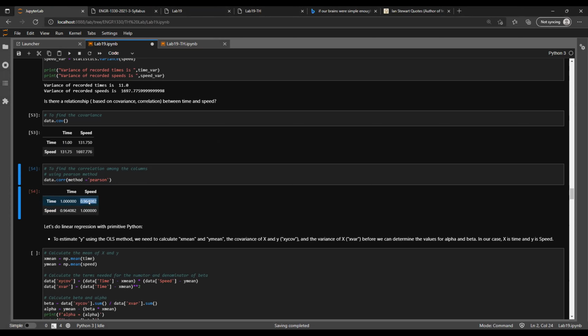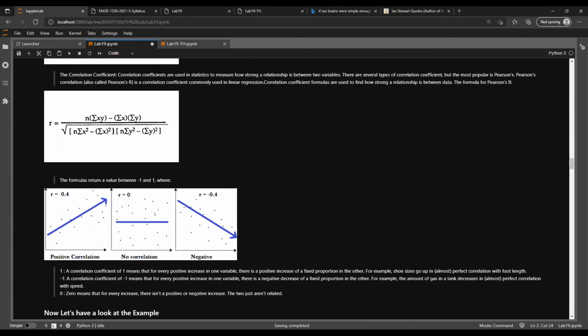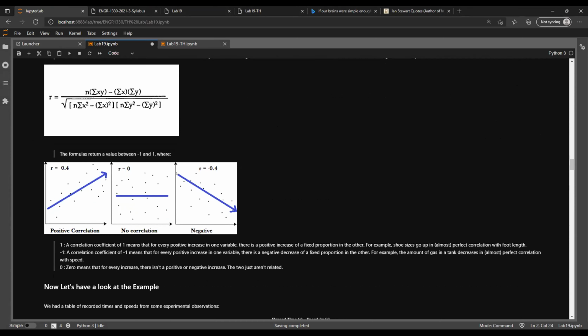0.96. So can anyone remember what is the range that a correlation coefficient can have, from what to what? 0 to 1. Are you sure? We can go from -1 to 1, negative meaning that they are negatively correlated.